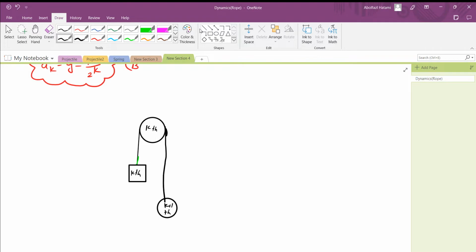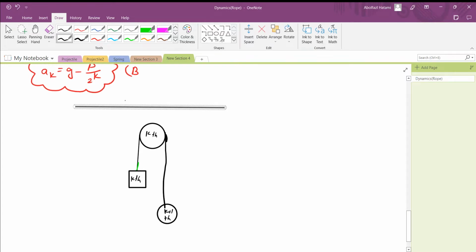Let me draw a wall here. It is the wall, which I take as the origin of our coordinate system.